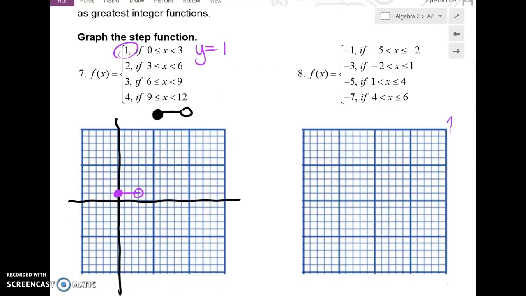The next one is going to be the horizontal line y equals 2 between 3 and 6. So the horizontal line 2 between 3 and 6, we are including 3, we are not including 6. Hopefully my projector will catch up here in a minute.